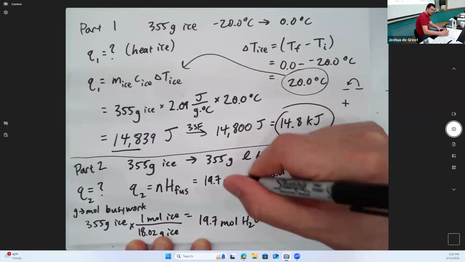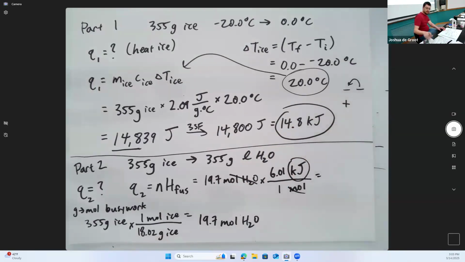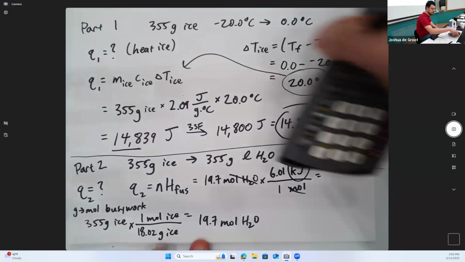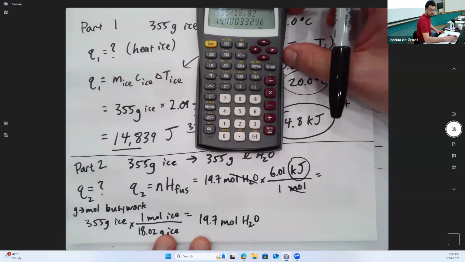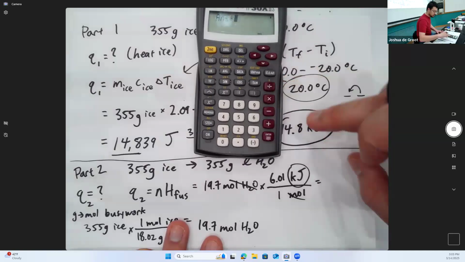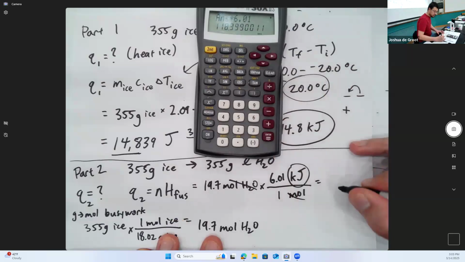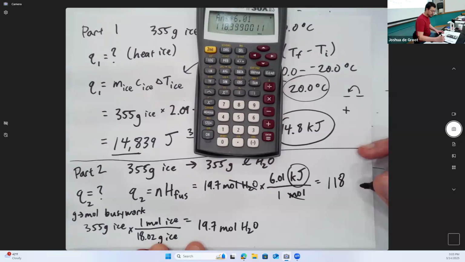That's going to take 6.01 kilojoules per mole. And we get 118. There's a 0.399, but 3 sig figs again. So I'm just going to stop it at 118. And we have kilojoules.